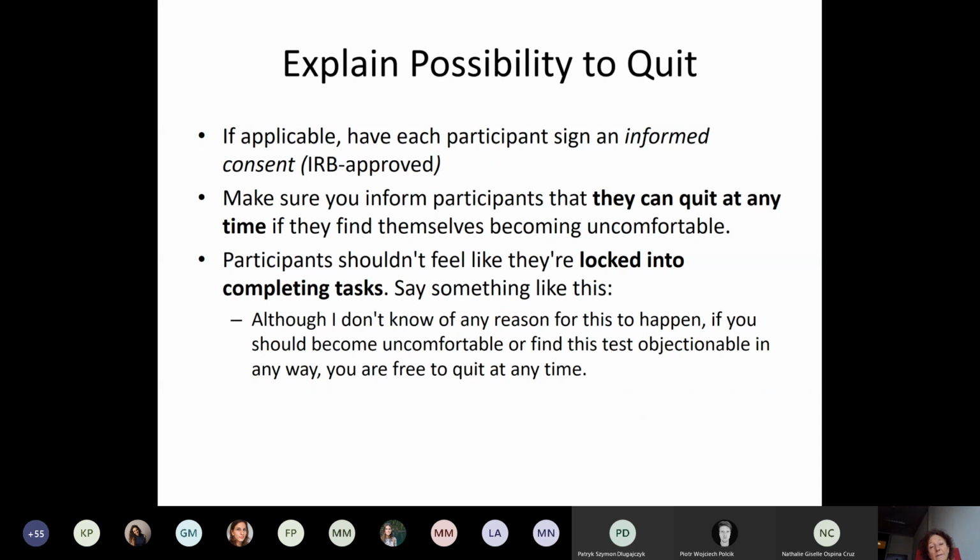Today it's also absolutely fundamental that the user agrees explicitly to being tested.